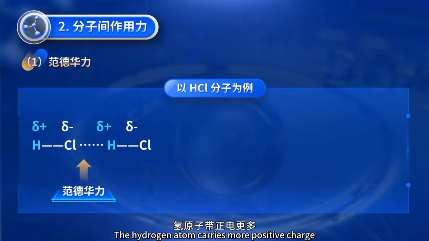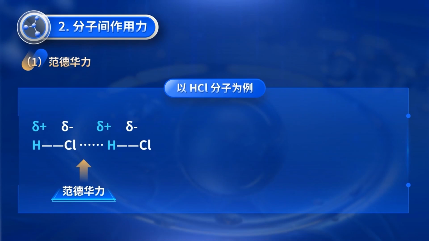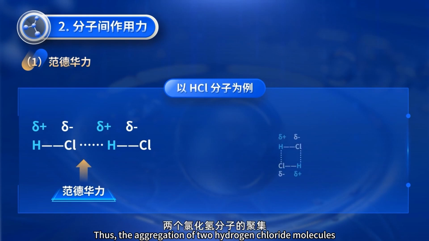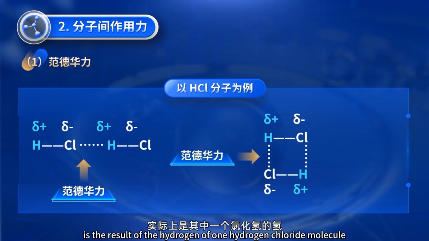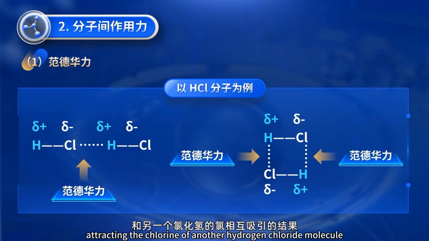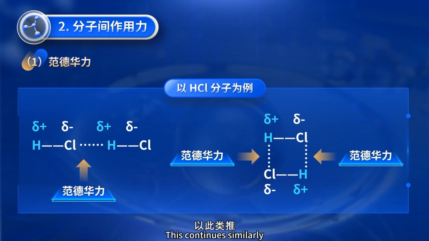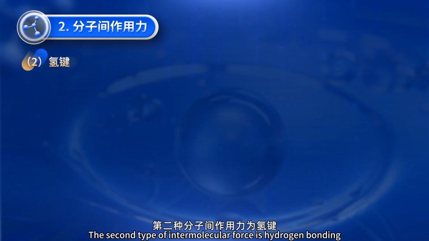The hydrogen atom carries more positive charge, while the chlorine atom carries more negative charge. Thus, the aggregation of two hydrogen chloride molecules is the result of the hydrogen of one hydrogen chloride molecule attracting the chlorine of another hydrogen chloride molecule.